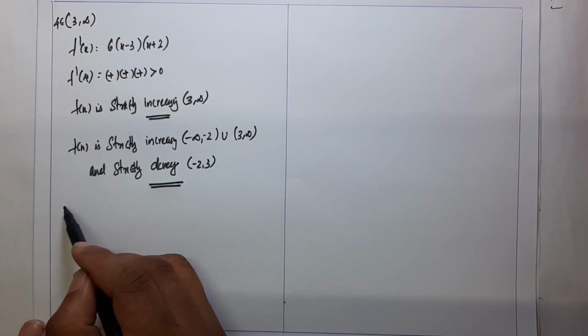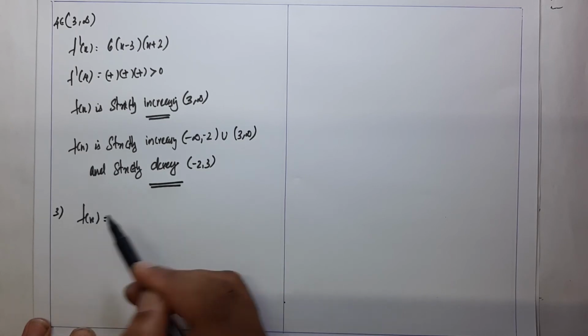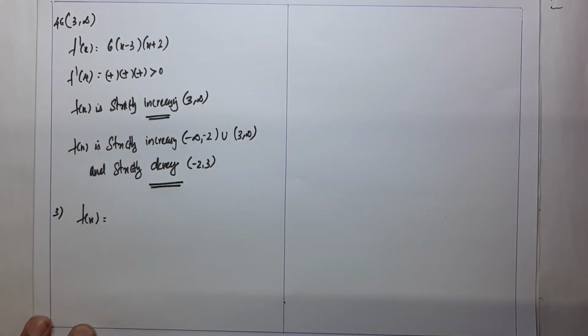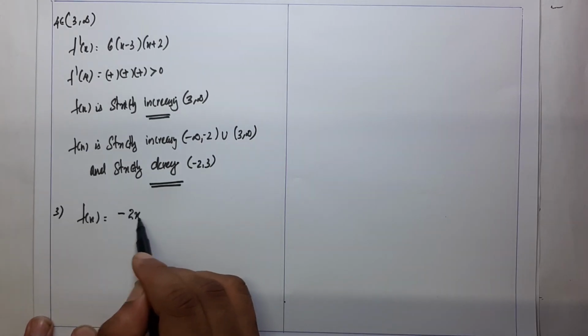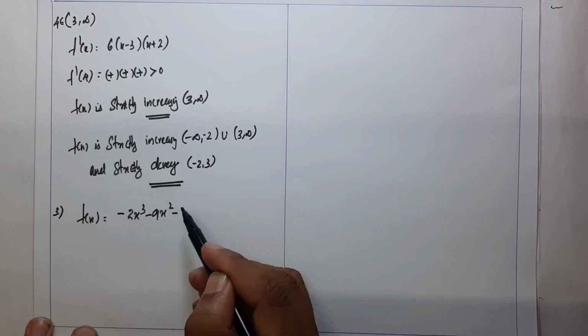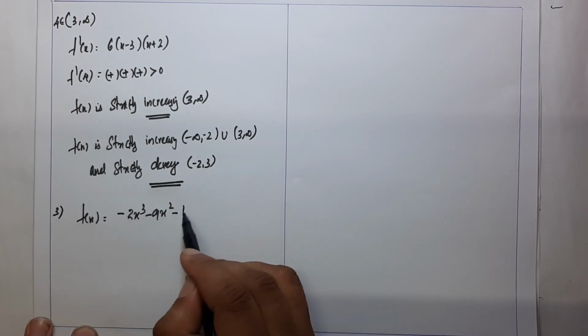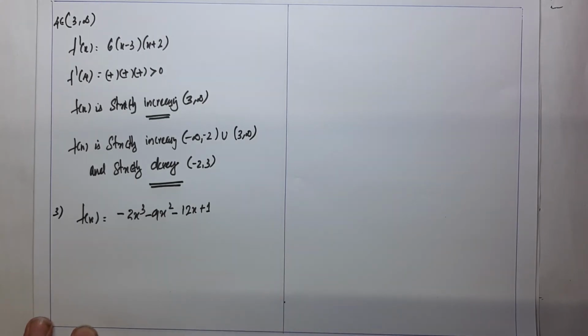Next question is question number 3. Find the intervals in which the function f of x is equal to minus 2x cube minus 9x square minus 12x plus 1 is strictly increasing or strictly decreasing.